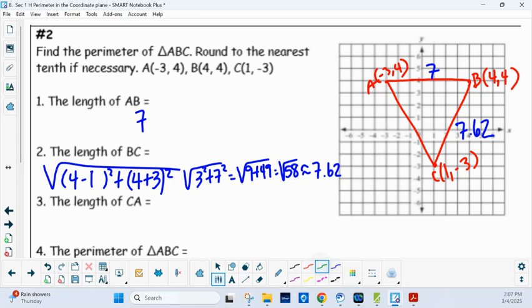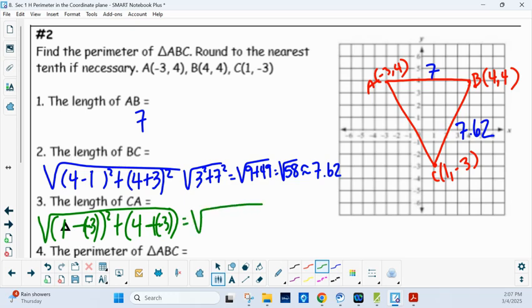Okay, length of CA. Nick, get us going with the X's for CA. Okay, 1 minus -3. Will you tell me the Y's? 4 minus -3. So we've got 4 and 7.